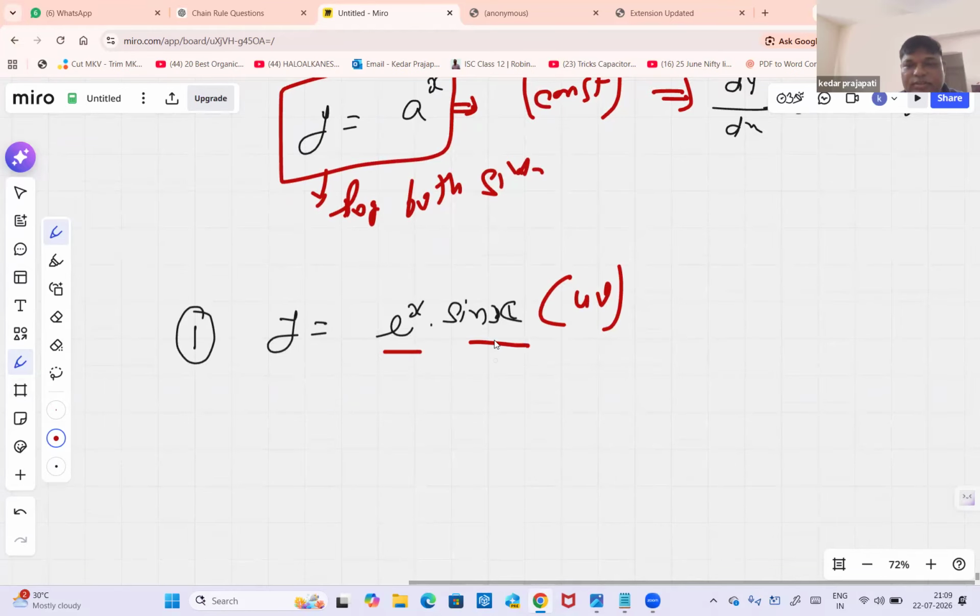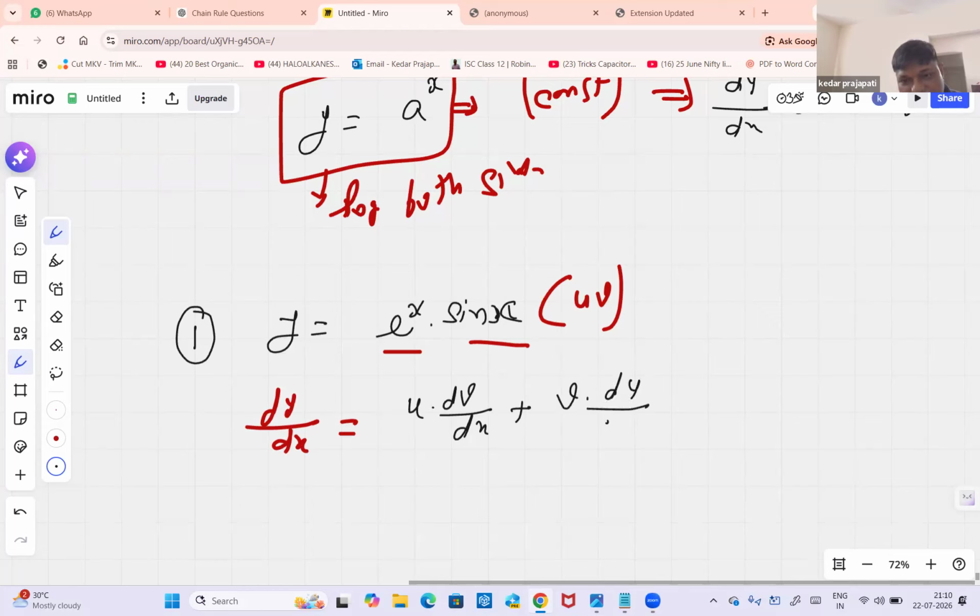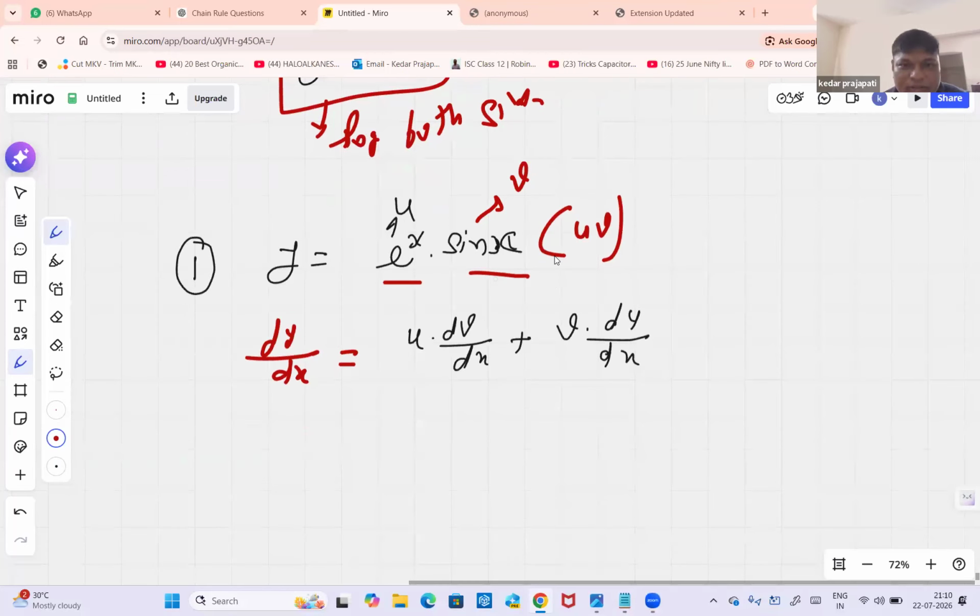This is U, this is V. So dy by dx will be U into dv by dx plus V into du by dx. You can take U and V as anything. We are applying the product rule here.